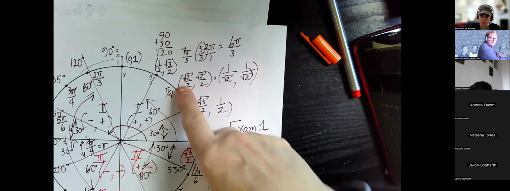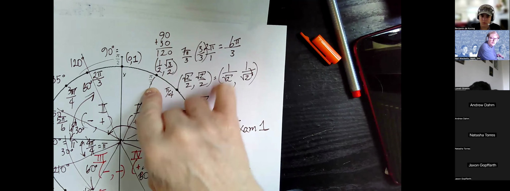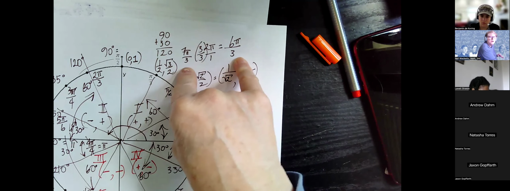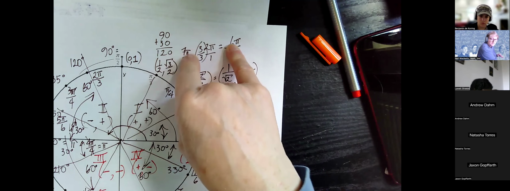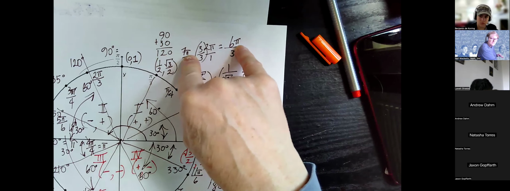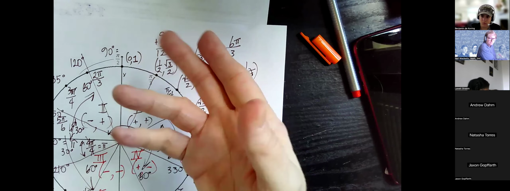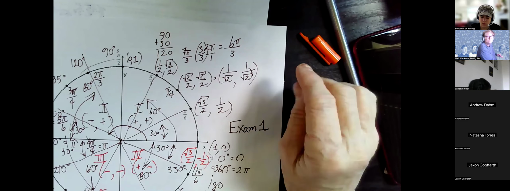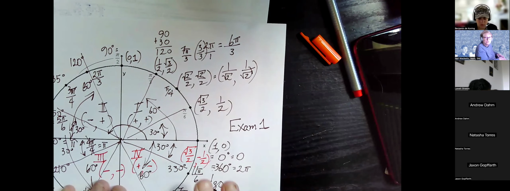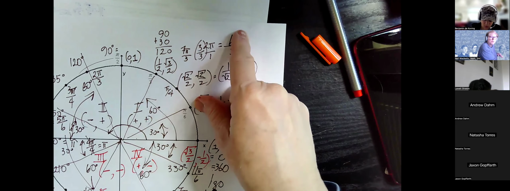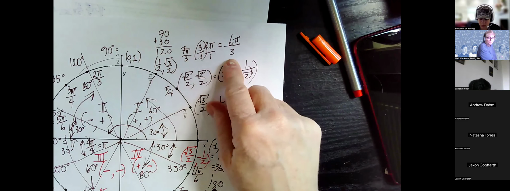Cool. And I noticed that pi over 3 plus 6 pi over 3 is 7 pi over 3, plus another 6 pi, 7 pi plus 6 pi is 13 pi. That was the next one that we talked about. So you can add and subtract pi over 3s by looking at 6 pi over 3.